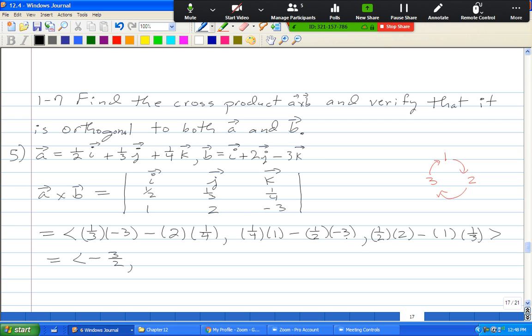Okay, let's try this again. 1/4 plus 3/2, same as 1/4 plus 6/4, is 7/4. Okay. 1 minus 1/3 is 2/3.